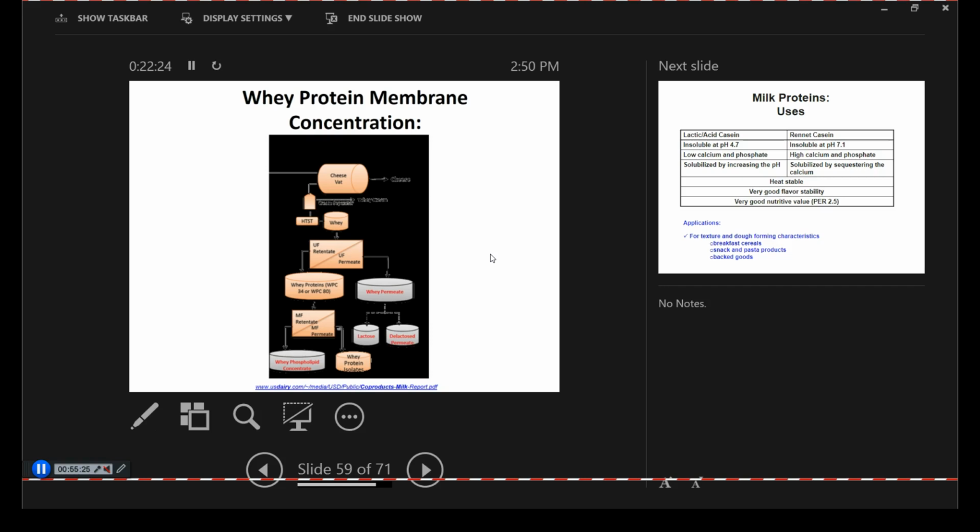But if you take this product and you want to make it higher in protein, you can run it through microfiltration membranes. Here, your whey proteins pass through and become permeate. What remains here is whey phospholipid concentrate. Your phospholipids are large, so they won't go through. You end up with a co-product that is rich in phospholipid, but it still has proteins in it and some residual lactose.